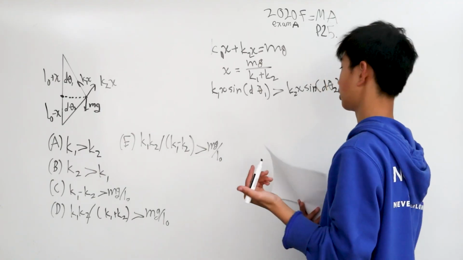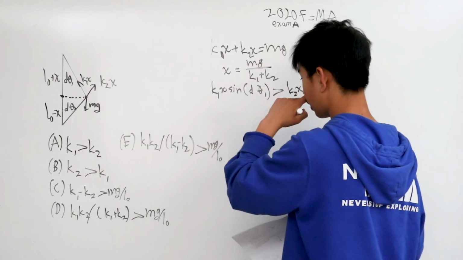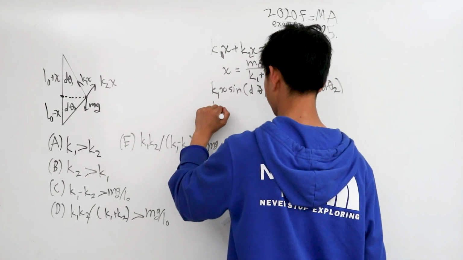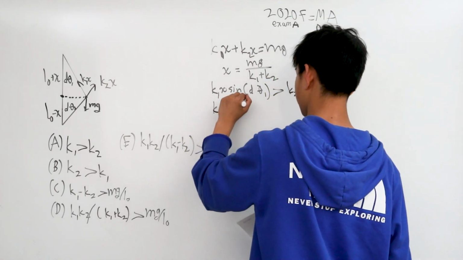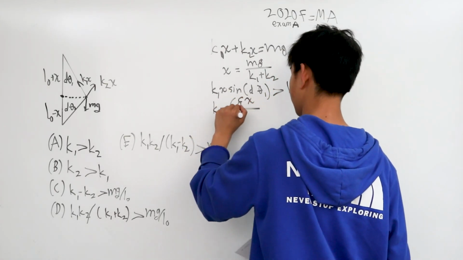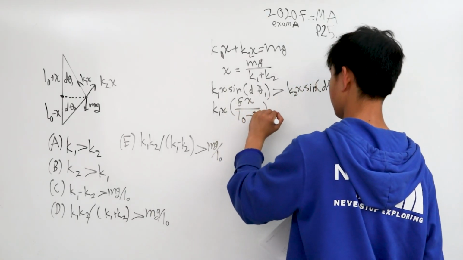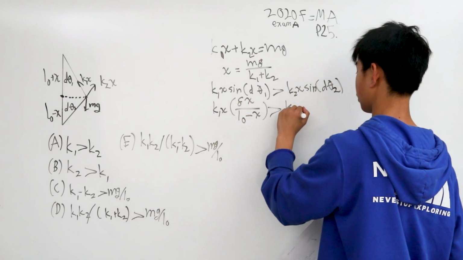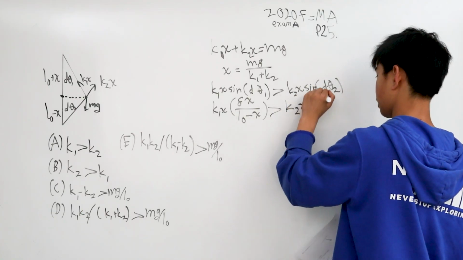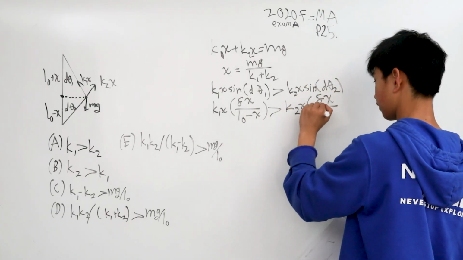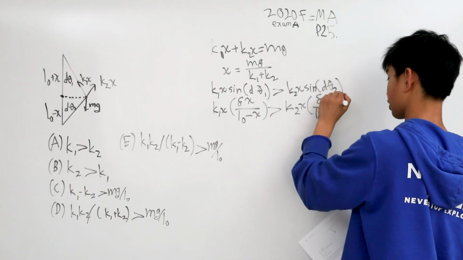Then, keeping with the leading order at this point, we get that this is K1 x times change in x over L0 minus x is greater than K2 x change in delta x over L0 plus x.